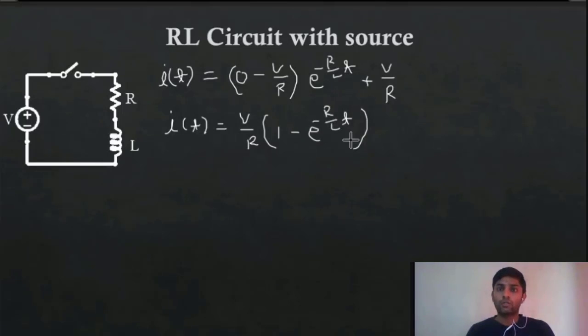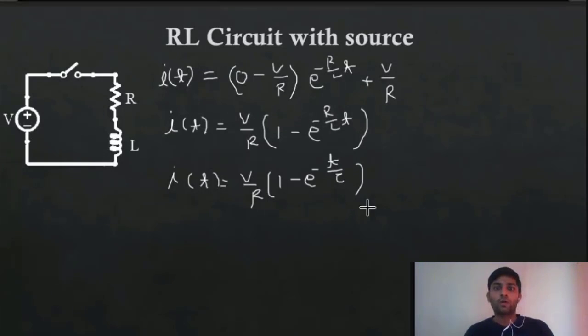Or in short, if you write this equation in terms of tau, let me rewrite it: I(t) is equal to V by R times 1 minus e raised to minus t by tau.